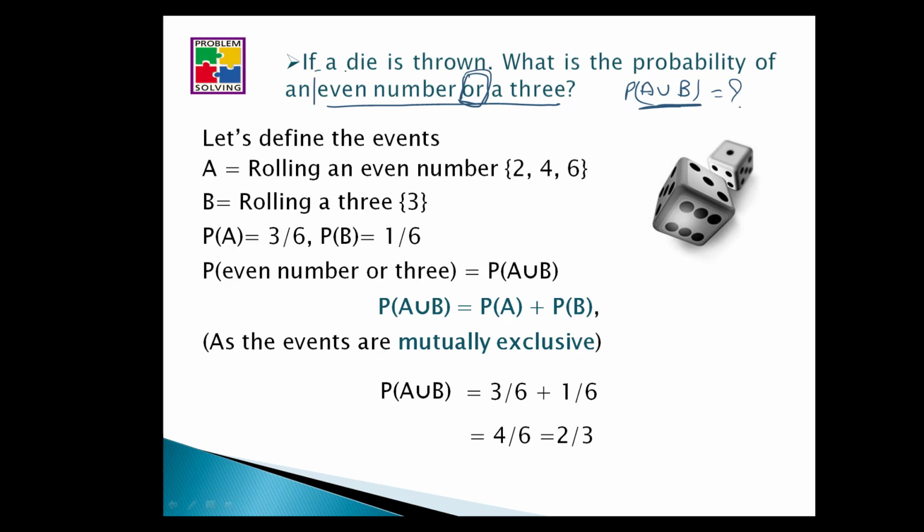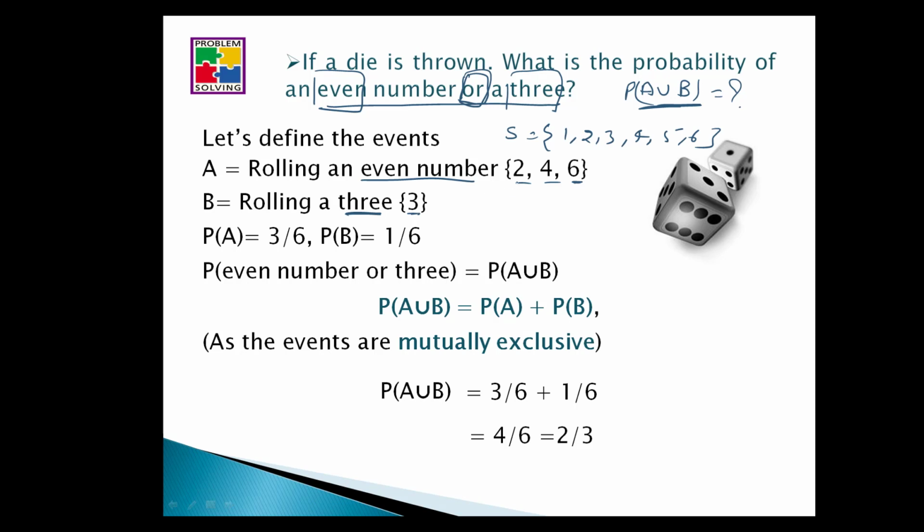The first event is this even number, the second event is this 3. In the case of a die rolling example, we understand the sample space is 1, 2, 3 up to 6, and the first event is getting an even number. So these are the favorable cases for this event, and similarly the second event is getting a number 3. So this is just one favorable case here.